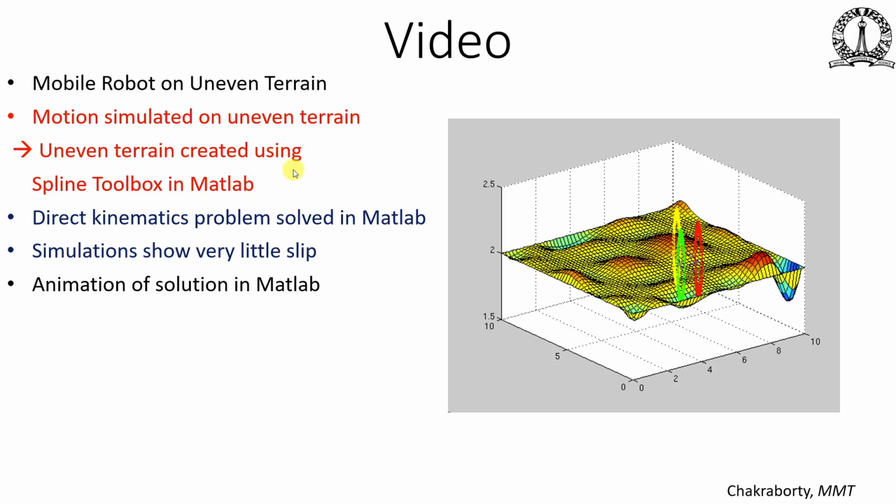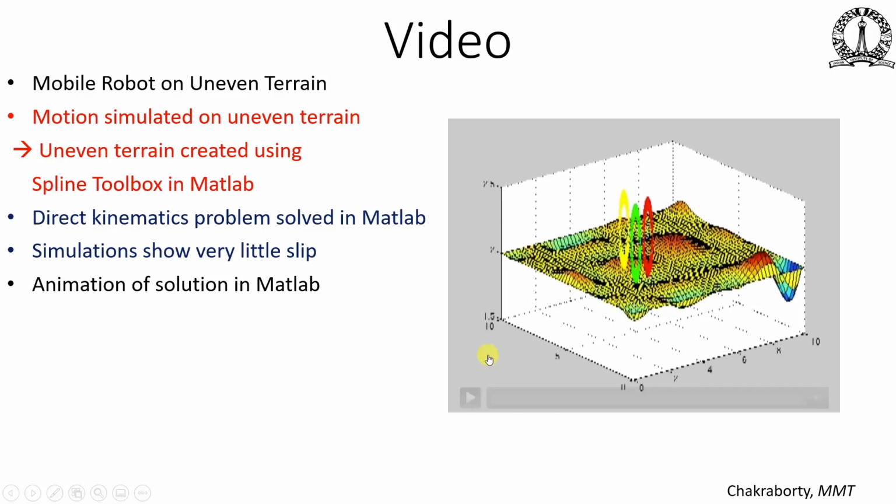Okay, and I showed you in simulation that there was very little slip and the holonomic constraints were satisfied. So this solution was generated in MATLAB, and then in MATLAB there is a feature to animate the results, and this video shows the animation.